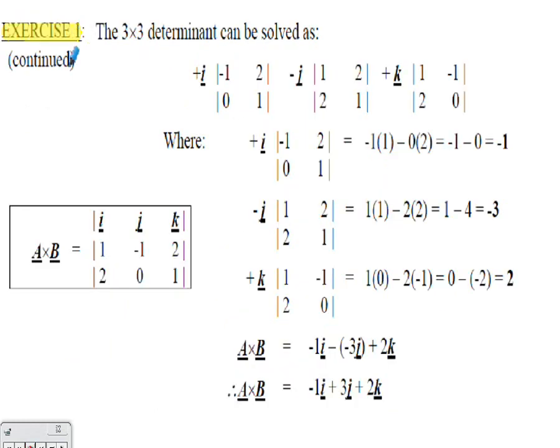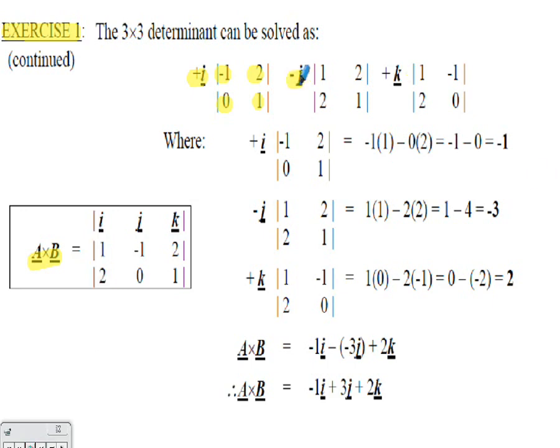Exercise 1 continued. I just repeated the A cross B determinant for convenience. So we're now going to break this down into the ijk components. The plus i will have the coefficients of minus 1, 2, 0 and 1, and again we get that by covering up the i column here.